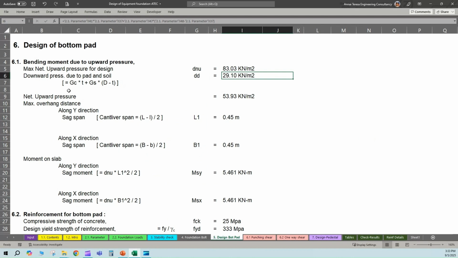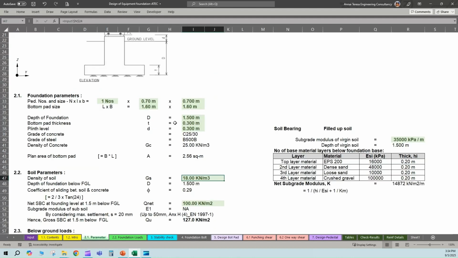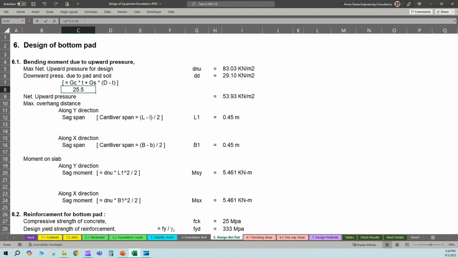That is GC, we know that it is 25, and 25 multiplied by 300, the thickness of the raft we have considered, and 18 is soil weight, that we need to multiply with the depth we have assumed as 1.5 meter minus T, 0.3, it is 1.2 meter. So multiplying this with 1.2 meter, we are getting 29.1.